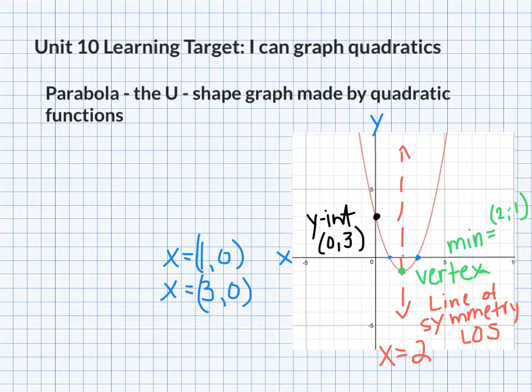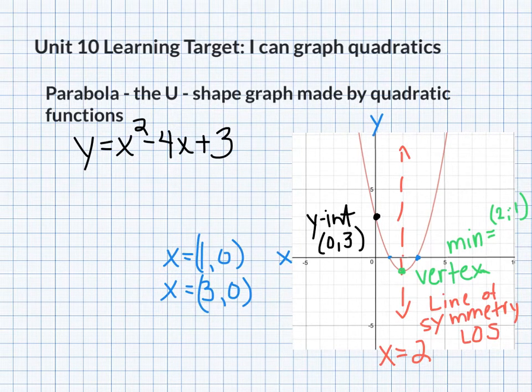Now I want to show you the equation of this graph and figure out how to get some of this information from the equation. That equation is y equals x squared minus 4x plus 3.